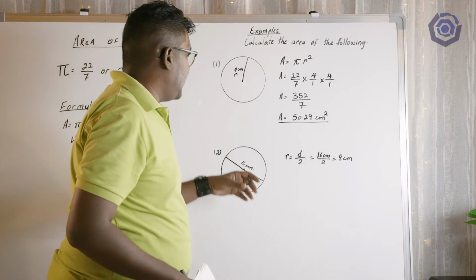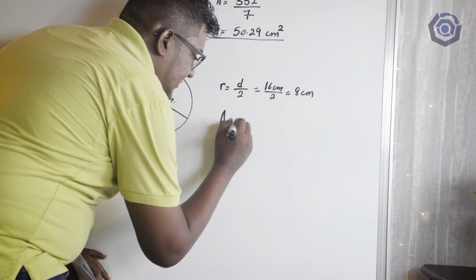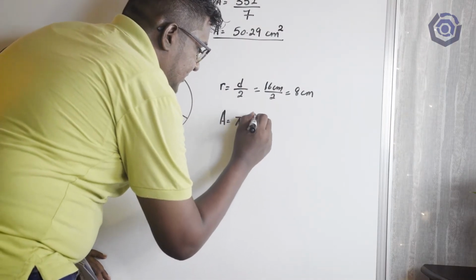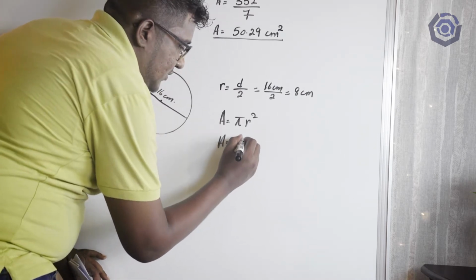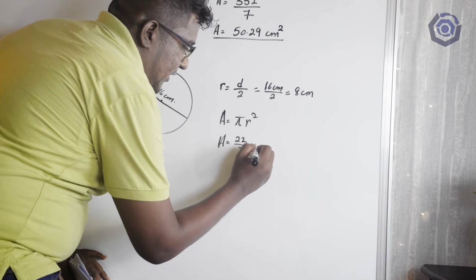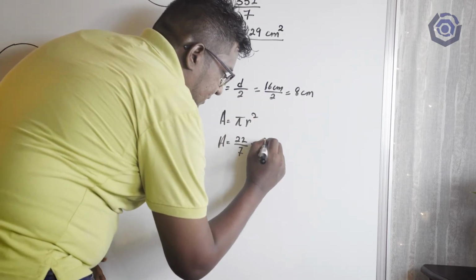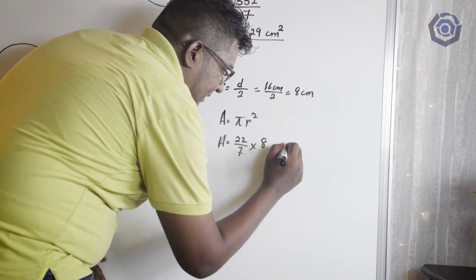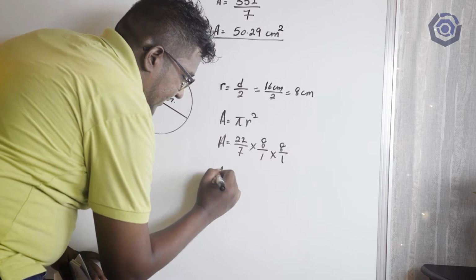Now using r, we substitute into our formula for area. A equals pi r squared. A equals pi, which is 22 over 7, multiplied by r 2 times. So r is 8, so it's going to be 8 multiplied by 8. We put them over 1 and then we start to simplify.